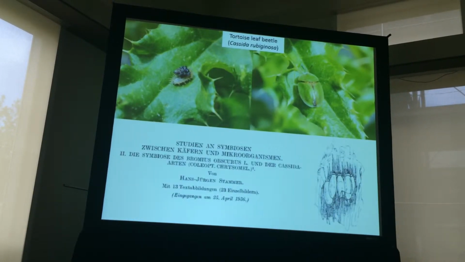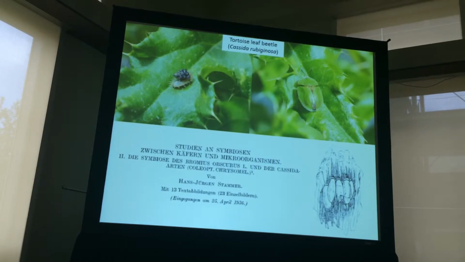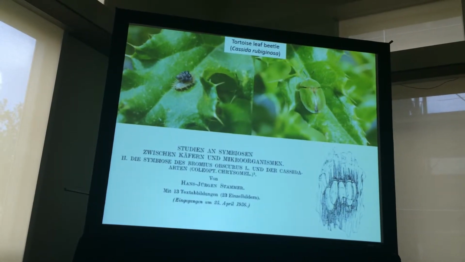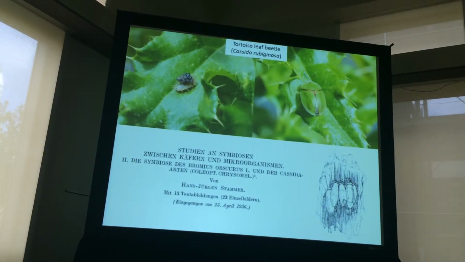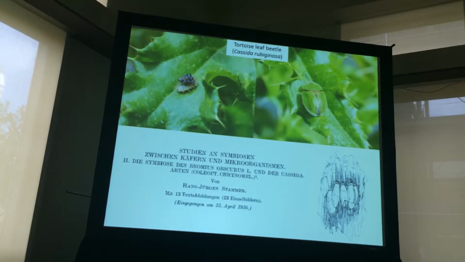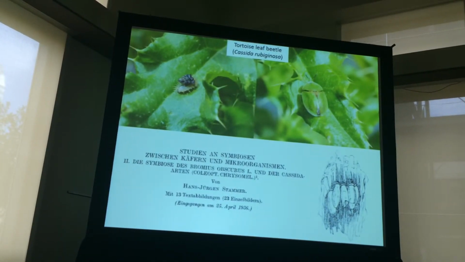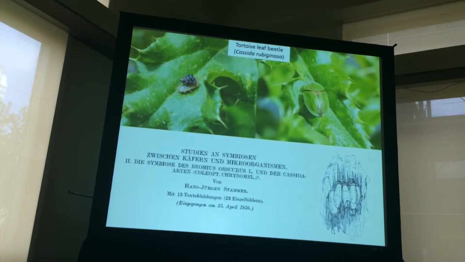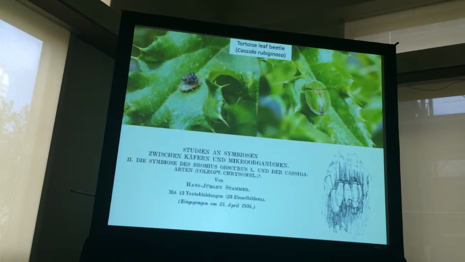But perhaps most relevant to today's talk is an even older study, one that just turned 80 years old, from a German zoologist by the name of Hans-Jürgen Stammer. What Stammer did was utilize a ton of beautiful histology experiments to describe what he thinks was the first association between leaf beetles and symbiotic bacteria.